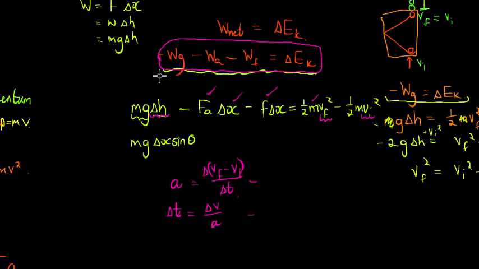What can you replace? Isn't the final velocity the same as your initial velocity? Yes, in other words, final velocity and initial velocity are the same. So what will happen on this side of the equation? It's going to be 0. Change in kinetic energy is 0. If I'm moving at a constant velocity, it means my kinetic energy is not changing. So change in kinetic energy is 0.